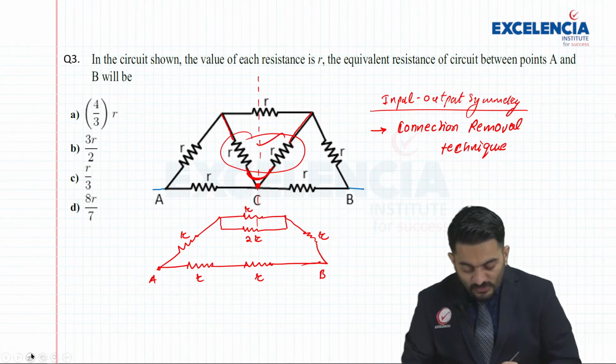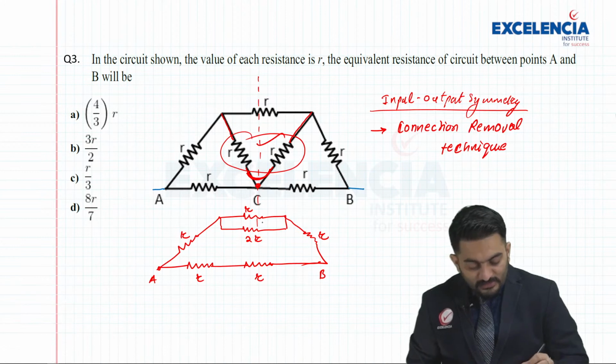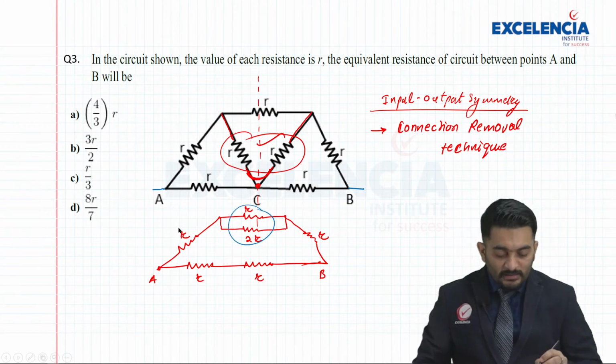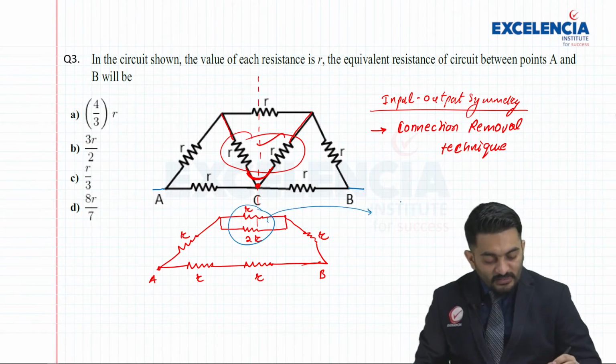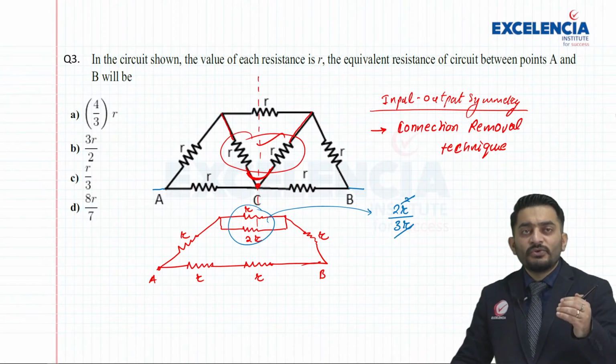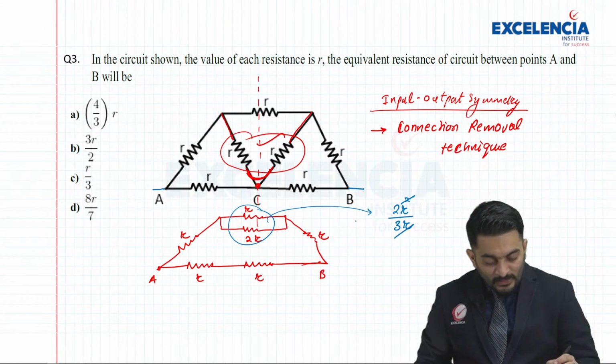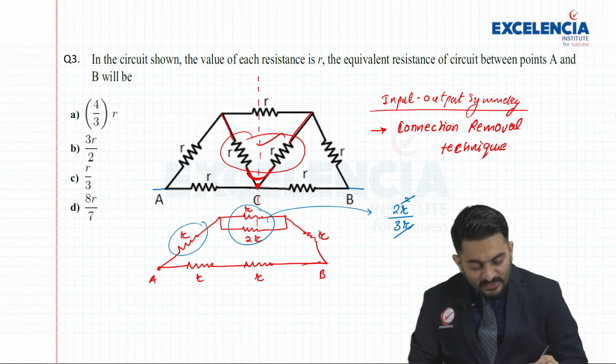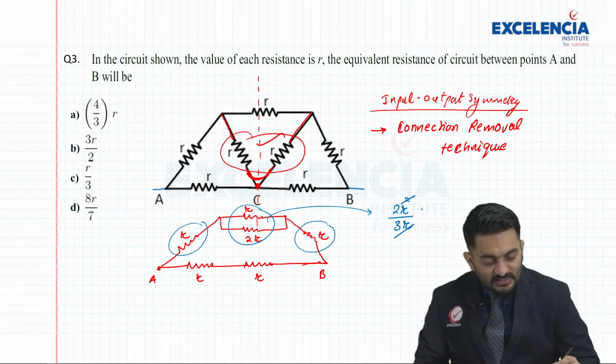Again identify, this is parallel. If you solve for this part, it will be 2R square by 3R. So basically your R equivalent value for R and 2R comes out as 2R by 3. You can see this R and this R are in series, so you can add them up.